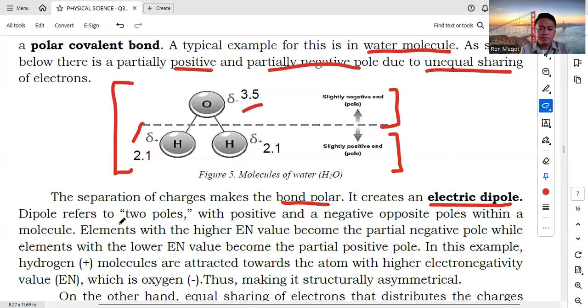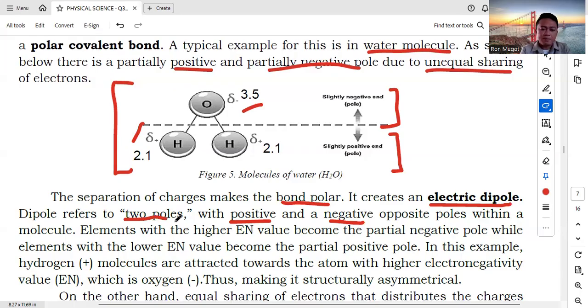Once we say dipole, it refers to two poles, one positive and another negative, opposite poles within a molecule.